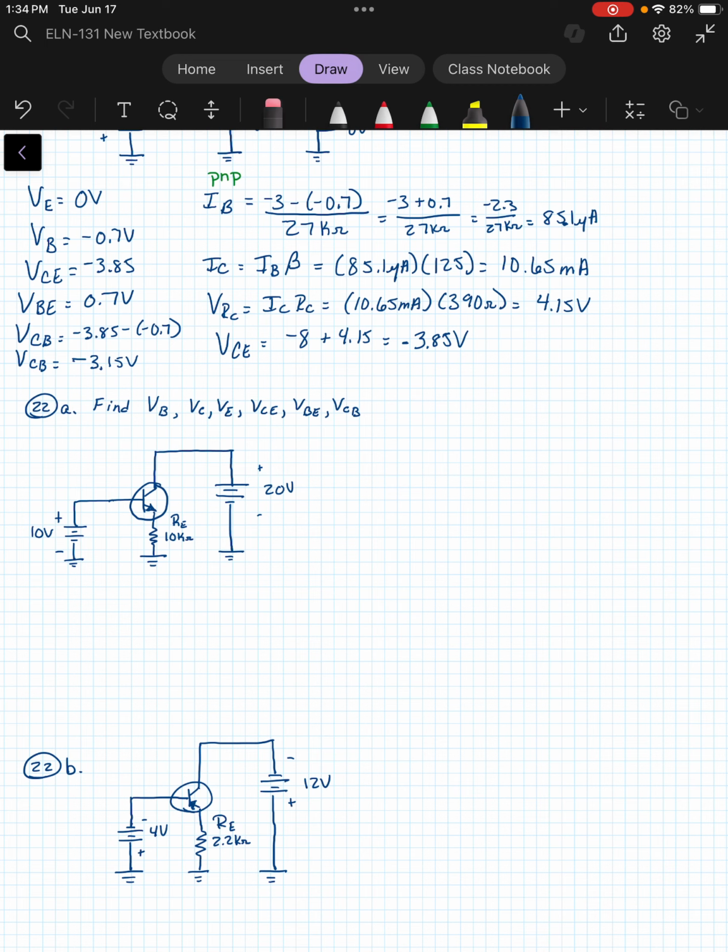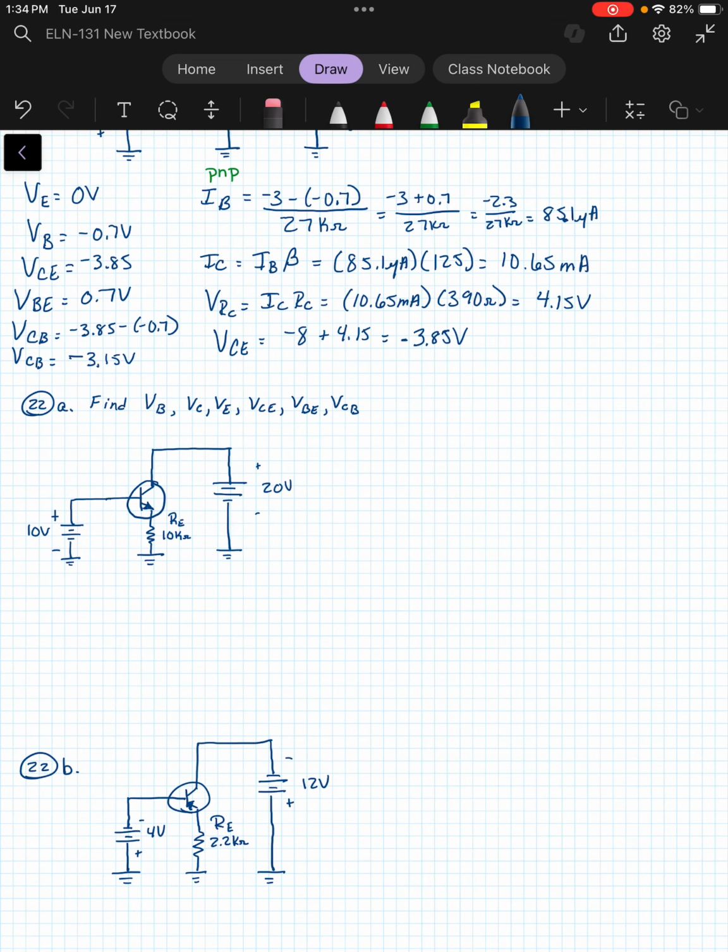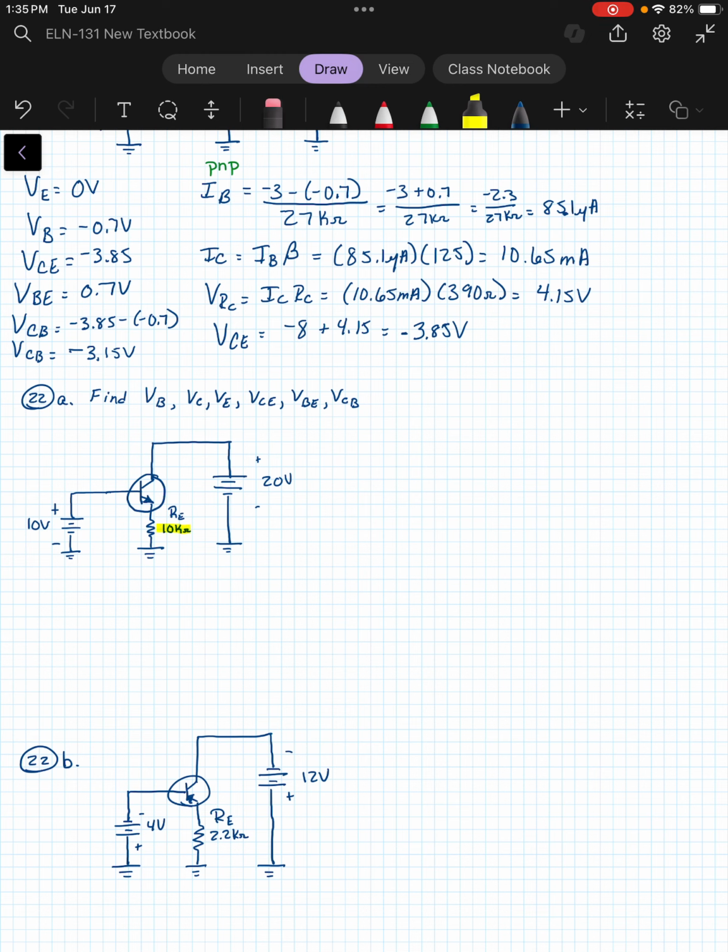Here we're looking for all of our voltages, and it looks like we only have RE in this circuit, so we only have a resistor at the emitter, which is different from what you might be used to. But think about our voltages here. So at B, we don't see a voltage drop from that VBB source.